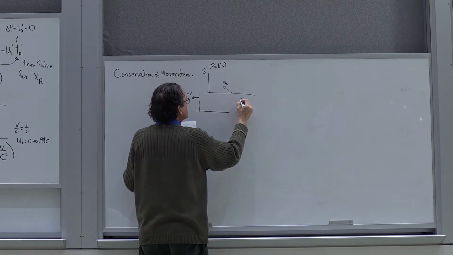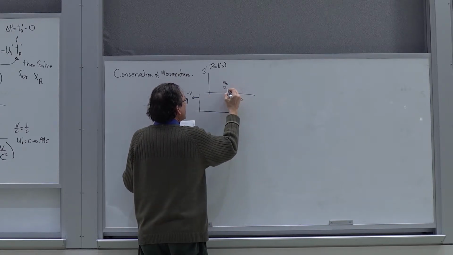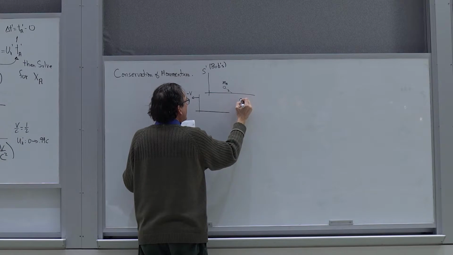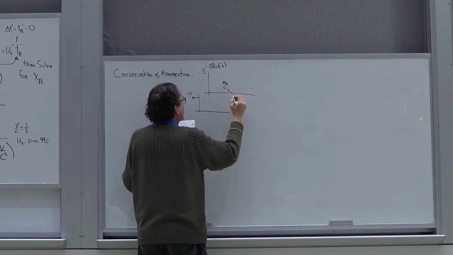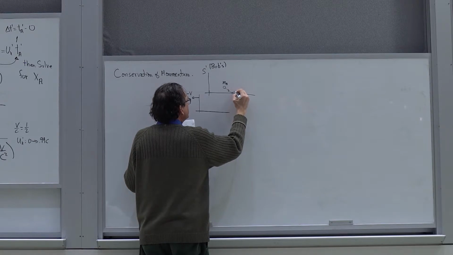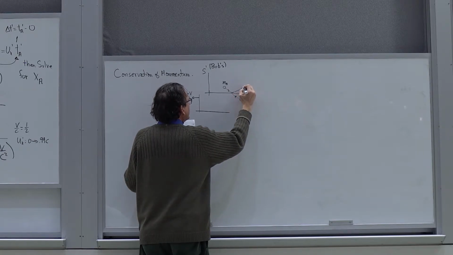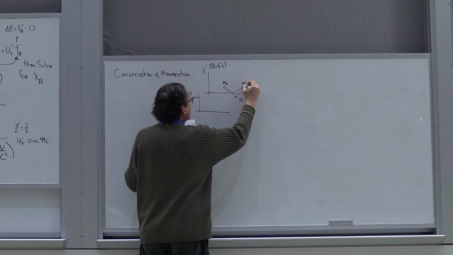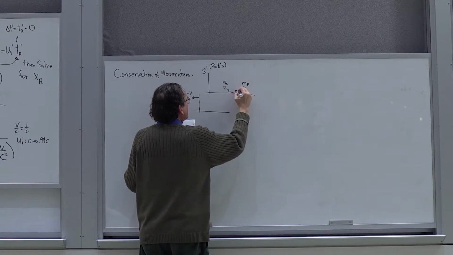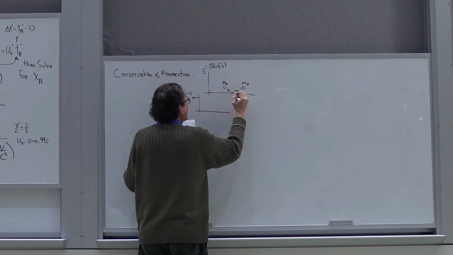This ball comes in and collides with another ball on the x-axis. And afterwards they scatter. So m sub a ends up over here, and the arrow of motion is like this, and then this ball coming down gets scattered in the opposite direction.